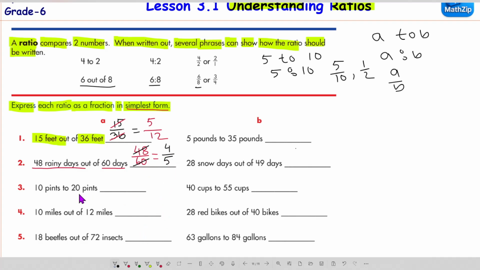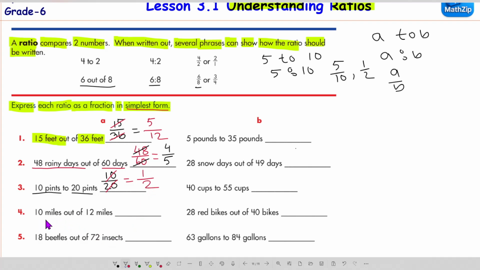Right? Next, 10 pins to 20 pins. So 10 by 20, we can divide the numerator and denominator by 10. So here is 1 and here is 2. 10 by 20 means 1 by 2.